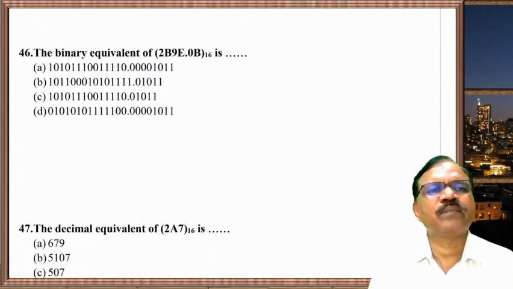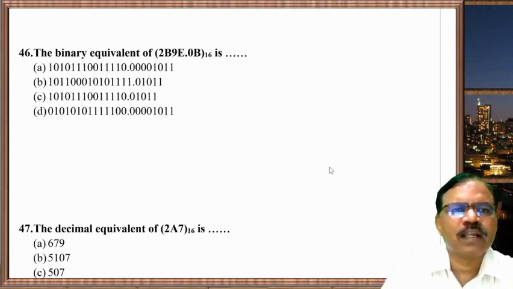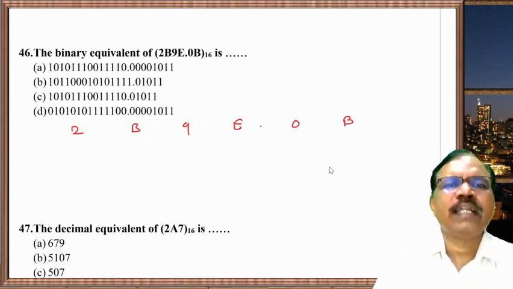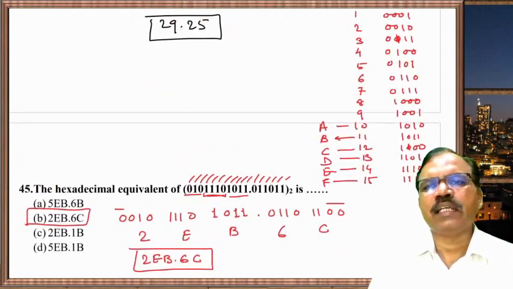Now next one, the binary equivalent of 2B9E.0B. So here we can write 2B9E.0B. So take corresponding this one. For E we have seen here, for E 1110.